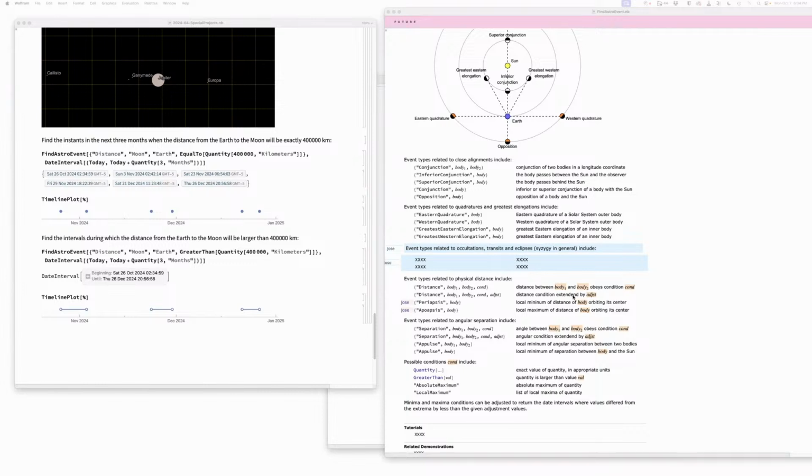So there are a lot of spelling errors here. Extended is wrong. Adjust here. What is the adjustment? The adjustment means, and this is something that unfortunately doesn't work yet, you can say, give me the date interval in which the distance from the Earth to the Moon is the absolute maximum except for 100 kilometers. So 100 kilometers less than the maximum to the maximum.